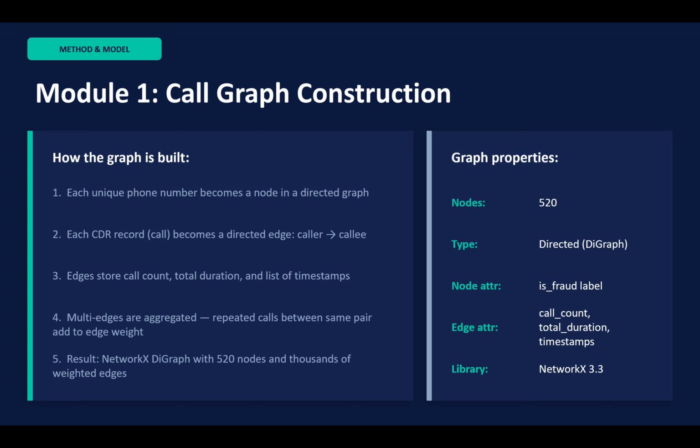So the method. Here we have the call graph construction, module one. The graph is a NetworkX directed graph, meaning edges have direction from caller to callee. Every unique phone number is a node.